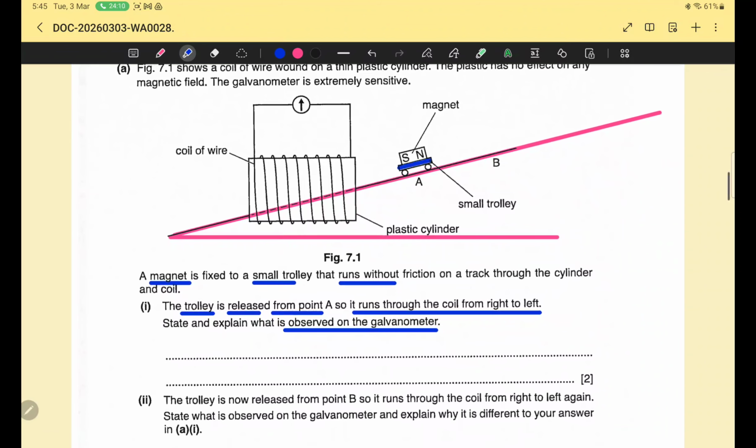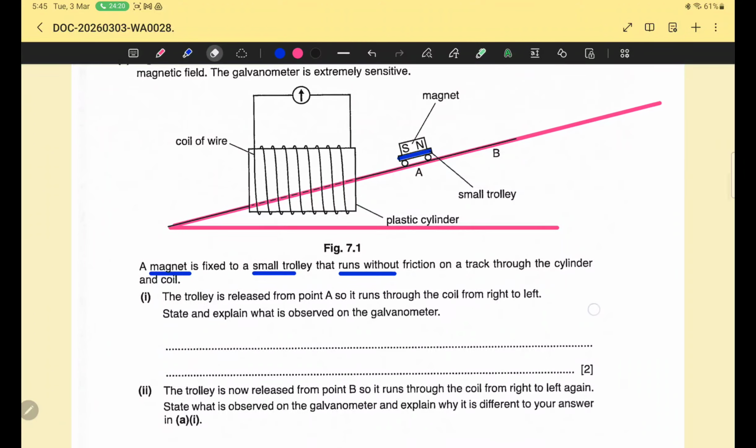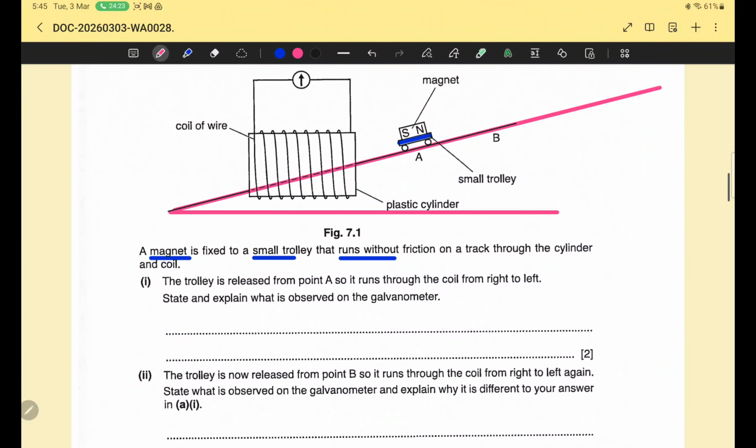Galvanometer having a needle, galvanometer having a pointer. So the question is, what is observed on the galvanometer? State and explain. And it is a 2 mark question. So I am writing, sir, as the magnet is entering into the coil, there is a change of magnetic flux, or the coil is cutting magnetic field lines. There is a change of magnetic flux.